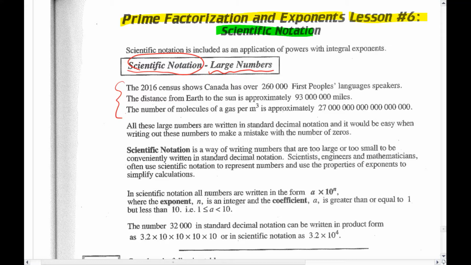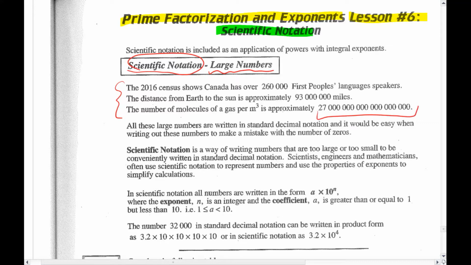Another example is the distance from Earth to the Sun, approximately 93 million miles. And the number of molecules of gas per meter cubed is approximately 27 with a lot of zeros. I don't even know what that is. We should probably Google that at some point.